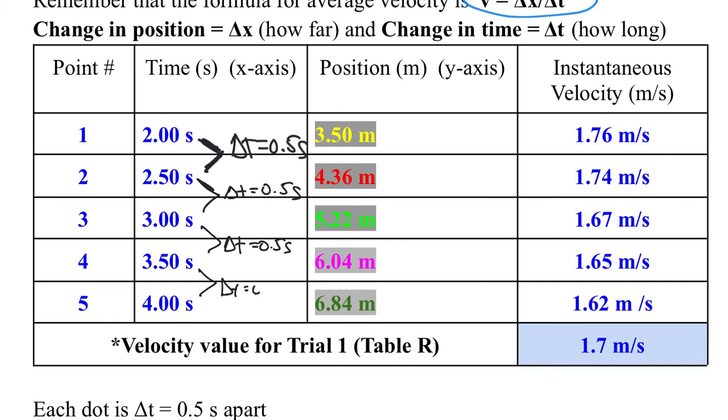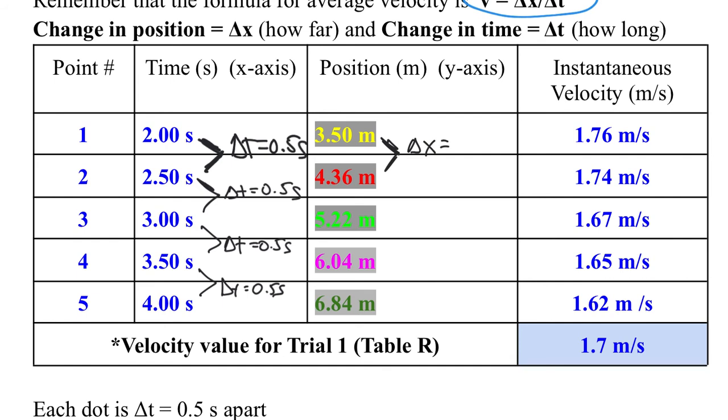So I've picked some data here so that you can see equal time intervals. And we have some data saying it was at 3.5 meters when the timer said 2 seconds. So now let's calculate the corresponding delta x's.